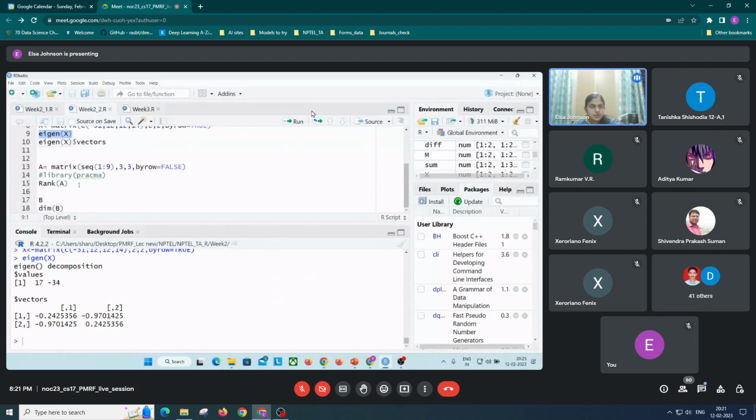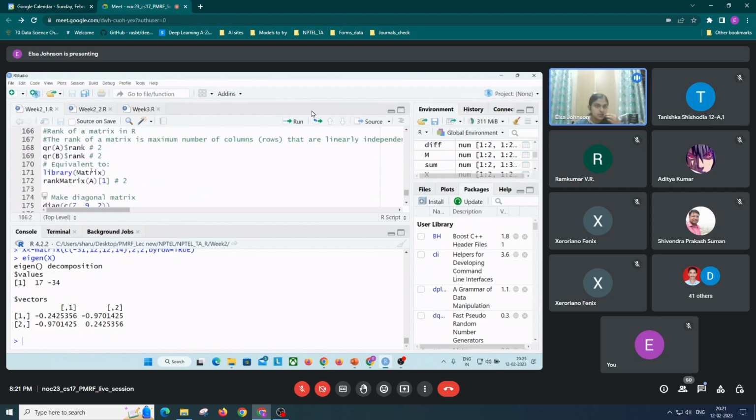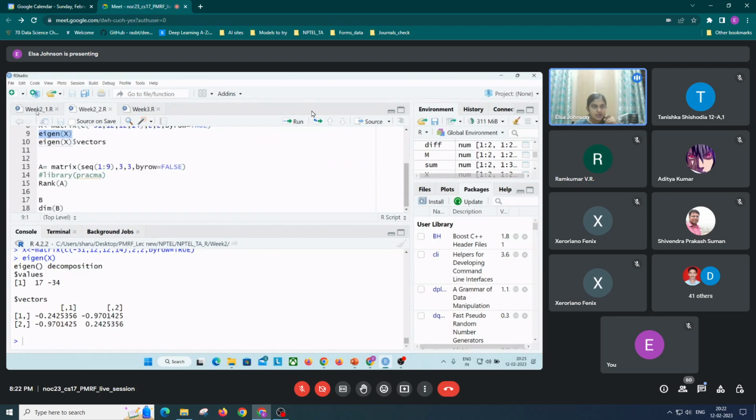Now there was another thing. Last time I showed you another method: you can use the qr function, which is QR decomposition. It is a different operation on a matrix, and the rank is present in it.